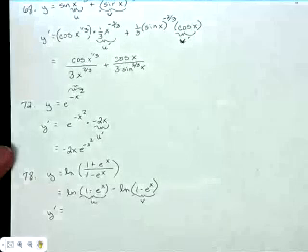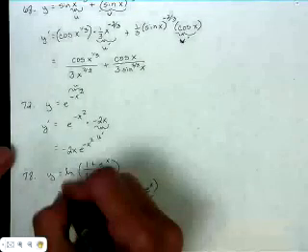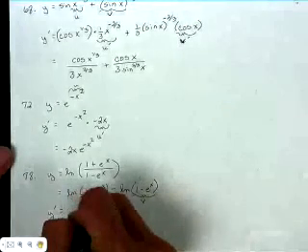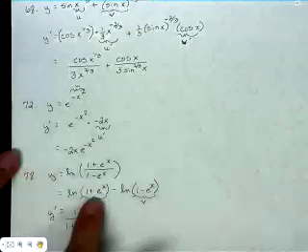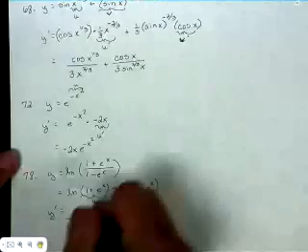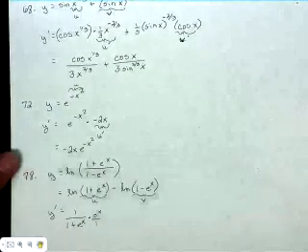The derivative of natural log of ugly is 1 over the same old ugly times the derivative of the ugly, and the derivative of this ugly is e to the x. Of course, you could put that as e to the x over 1.